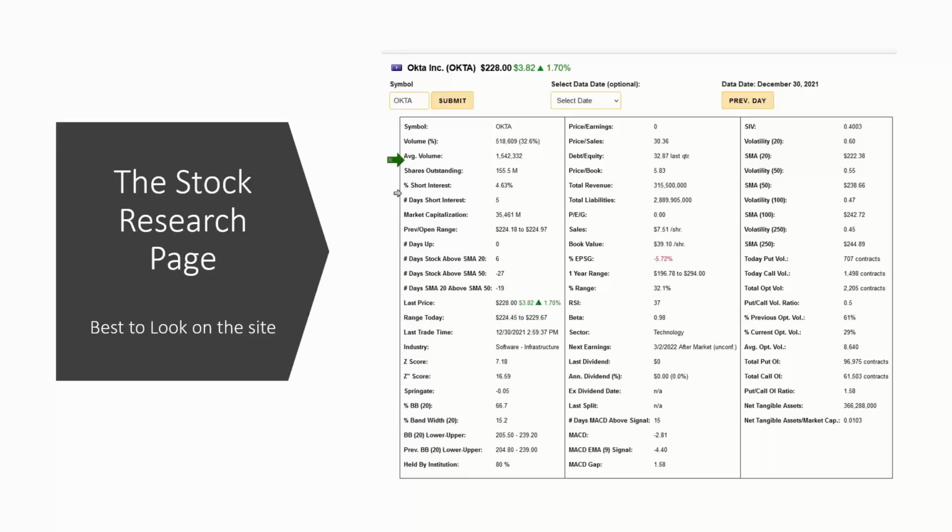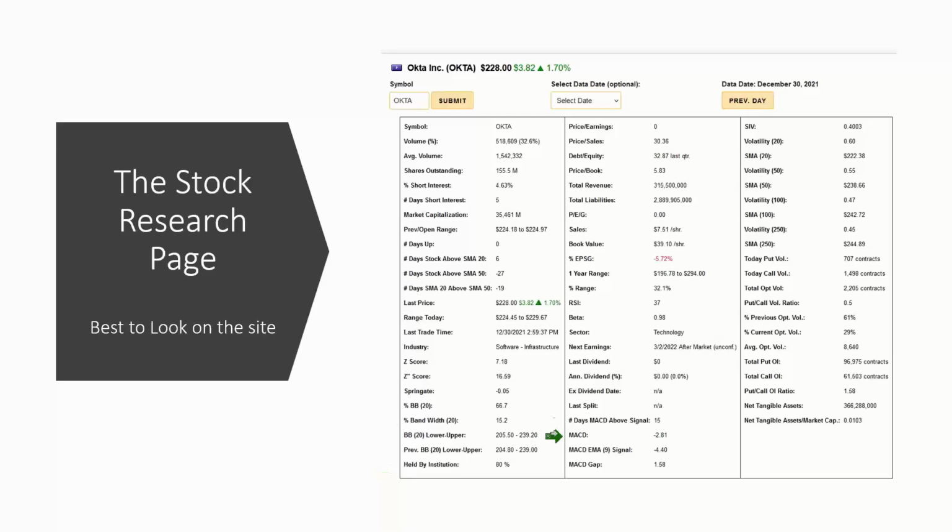Volume for the stock, market cap, for example, the days short interest. I typically don't use that, but it's available. The total range today, the last trade time for the stock, industry, the Z-score, Z-prime, and Springate.